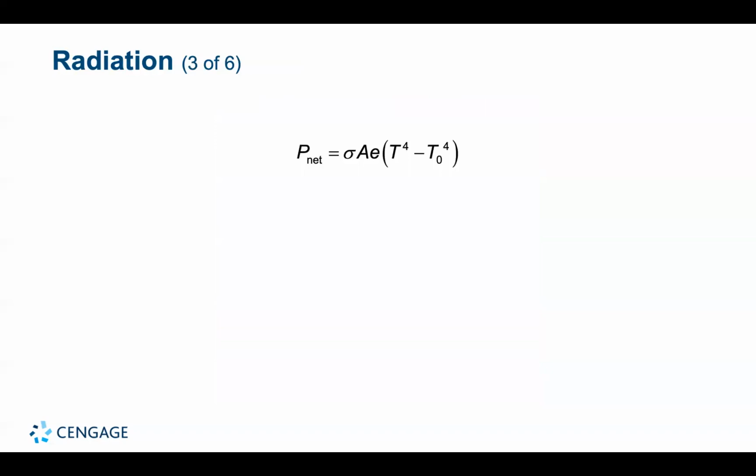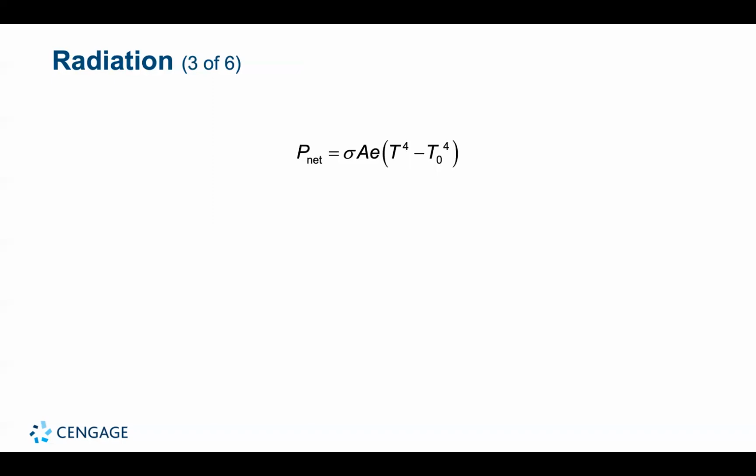So as an object radiates energy, it also absorbs radiation. If it didn't, the object would eventually radiate all its energy and the temperature would reach absolute zero. The energy an object absorbs comes from its environment, which consists of other bodies that radiate energy.